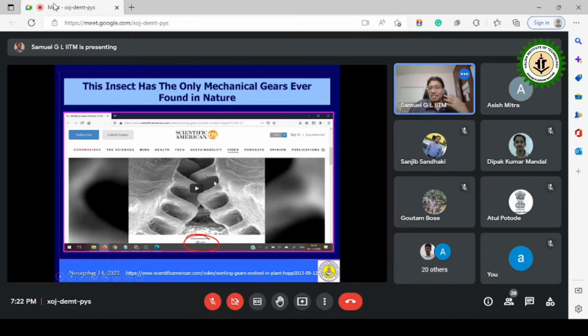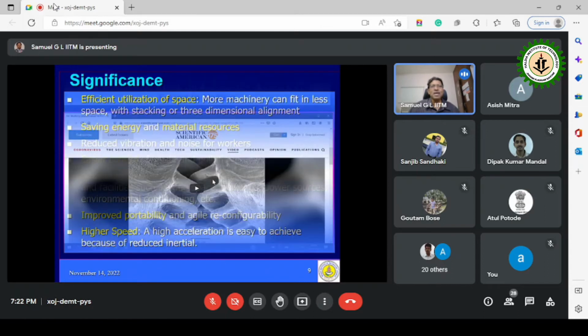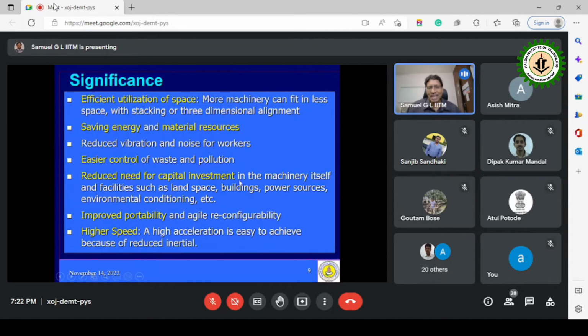So it is nature which has inspired micro and nano technologies, and visionaries thought about this kind of thing not today, but even half a century ago. Why is micro machining important, as I have already mentioned? The efficient utilization of space, and I'll give you an example why this is true.